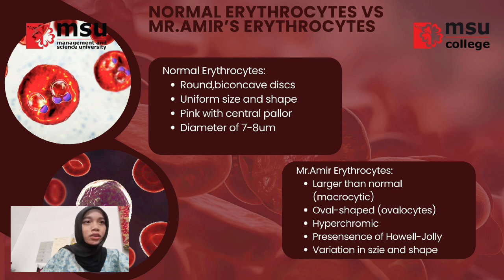They are larger than normal, making them macrocytic. They are oval-shaped, called ovalocytes, and hyperchromic. We also noted a prominent variation in their size and shape, alongside the presence of Howell-Jolly bodies, which are nuclear remnants inside the red blood cell.